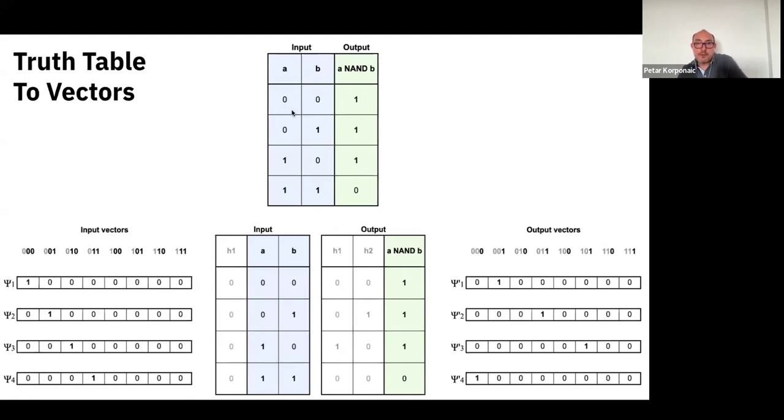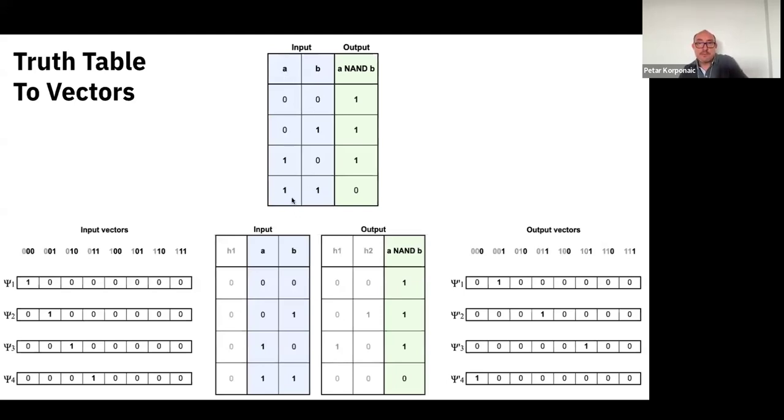So we have input and output. In this example, this is a NAND gate. This is AND and inverse at the end. So it's a binary function, and it has two inputs and one output. And okay, so this is the truth table.